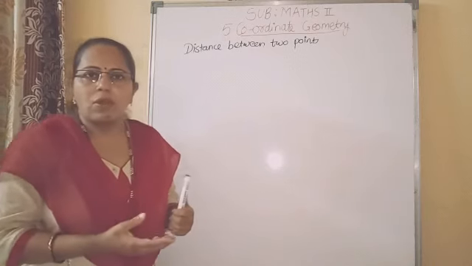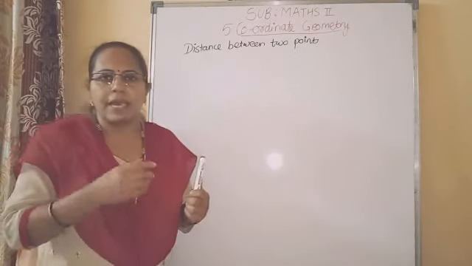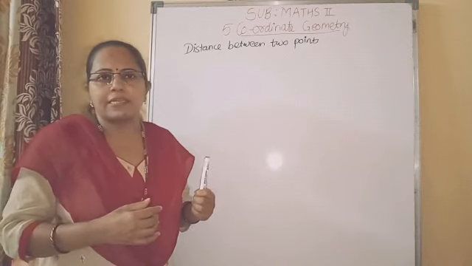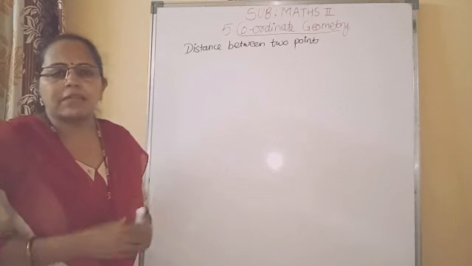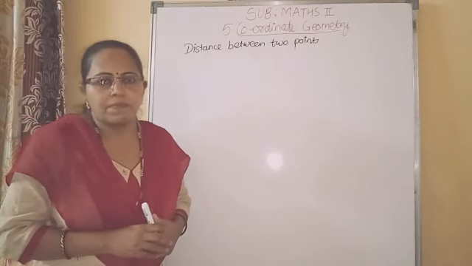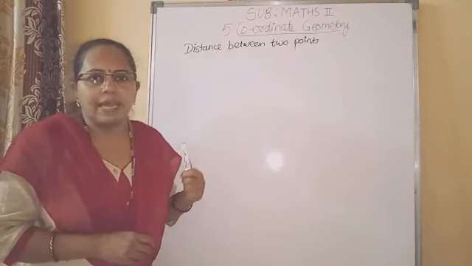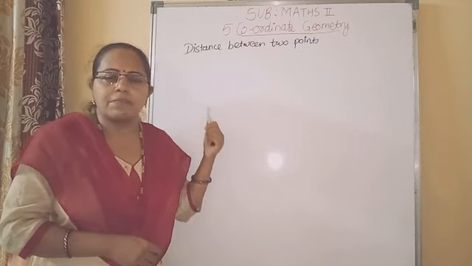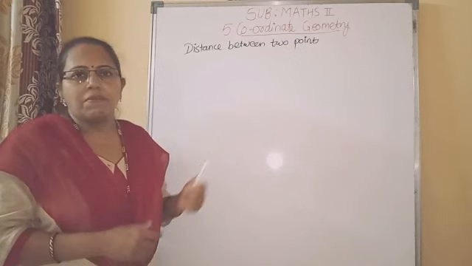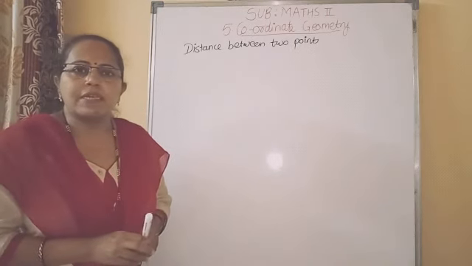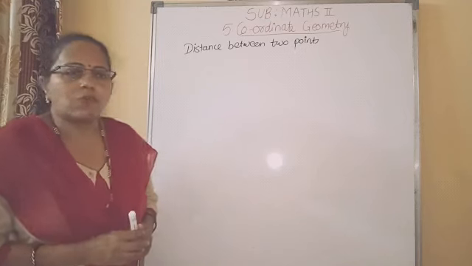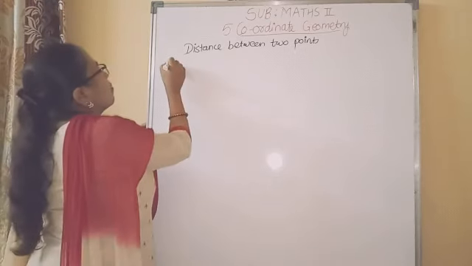In that we got the formula: if they are on the x-axis or the segment is parallel to the x-axis, we get the distance x2 minus x1. And if they are lying on the y-axis or the segment is parallel to the y-axis, the distance between these points is y2 minus y1. Now we will go for the next topic, that is the distance formula.